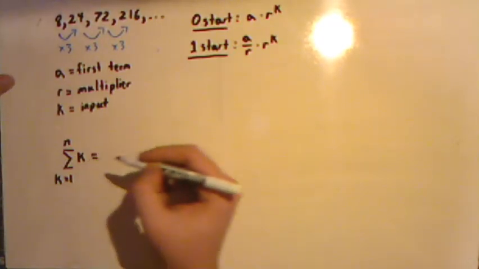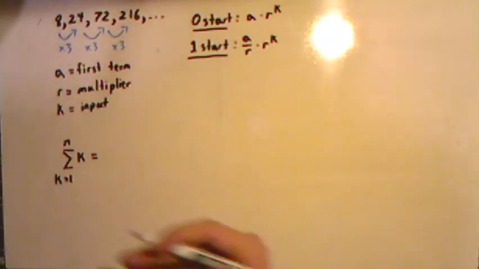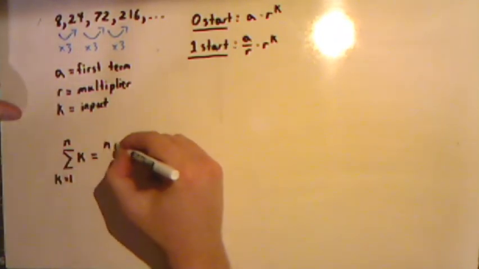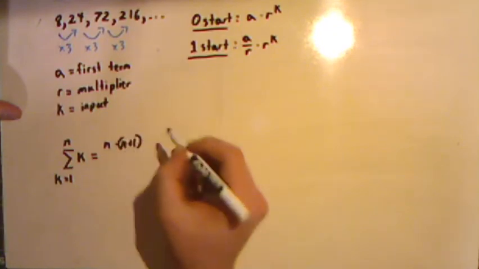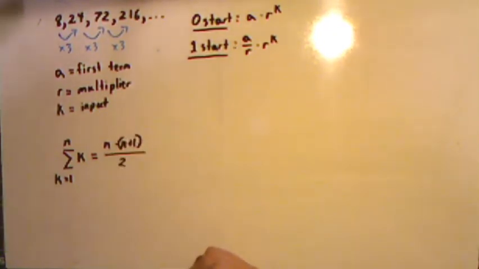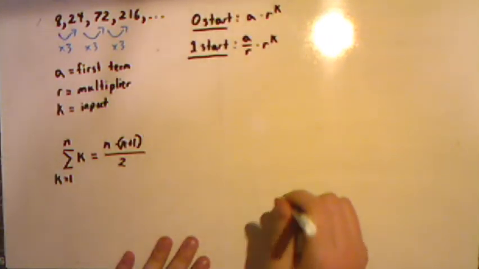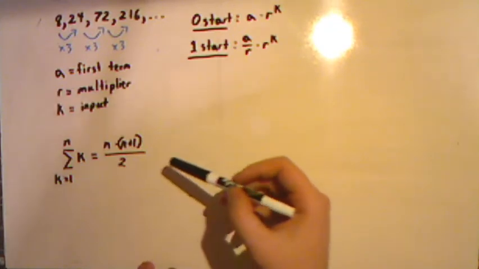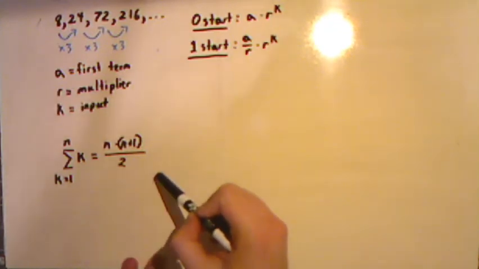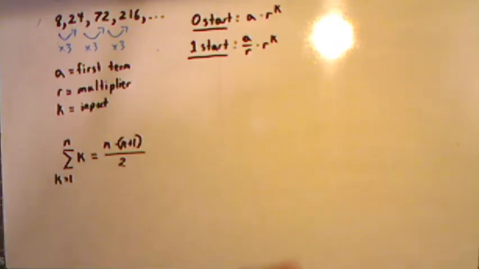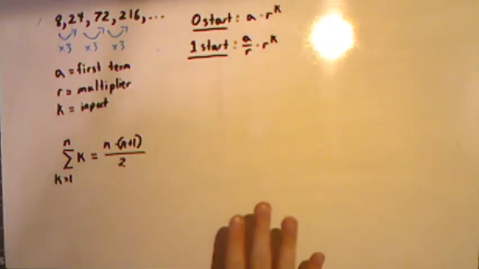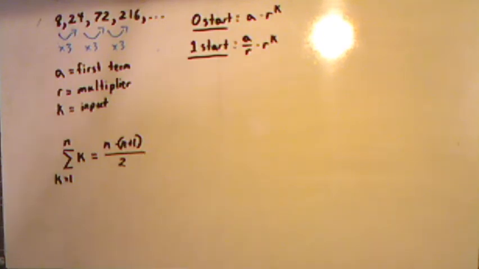And we were able to see that we have a formula for that, that if we want to get the sum of all of these numbers, we just take n times n plus 1, and we divide that by 2. Now, these formulas come into play and are very important when we are finding that base sigma notation for a geometric series. Because from that base geometric sigma notation, we can get every other geometric series and just work with that. So we're just starting it here as a bit of a preview.